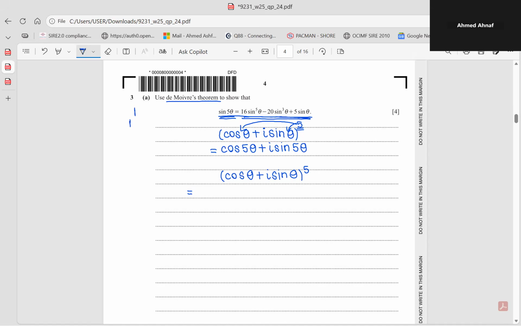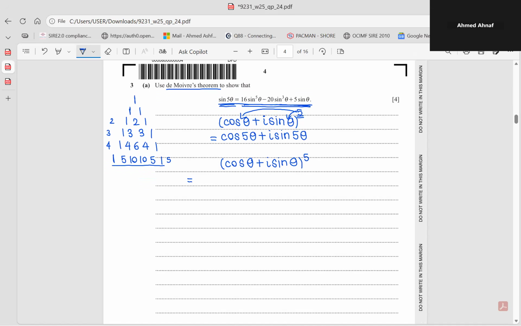Okay, so 1, 1, 1, 2, 1. This is for power 2, 1, 3, 3, 1 for power 3, 1, 4, 6, 4, 1 for power 4, and finally 1, 5, 10, 10, 5, 1. This is for power 5. So these are all the coefficients of all the terms in our binomial expansion.